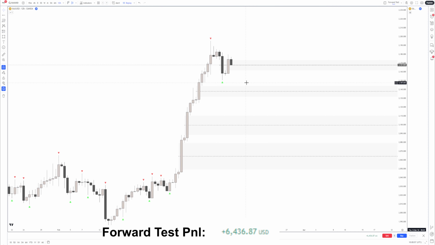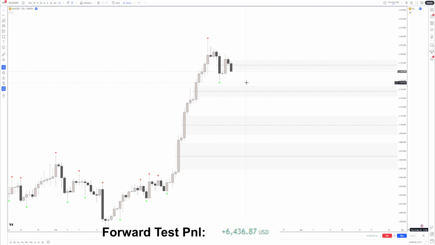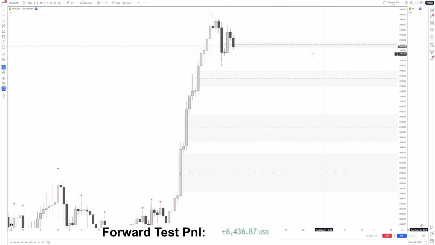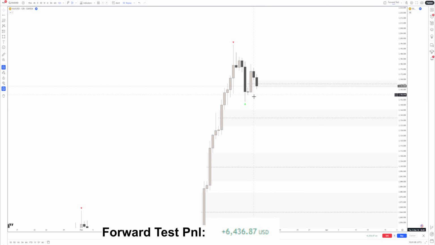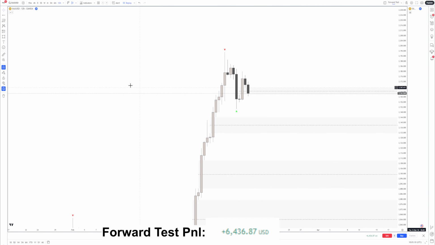Okay, we have got a potential new fair value gap forming. We have got a little fair value gap just there. Can this play out? Again, if it's a B setup, we take the trade. Stop loss there.